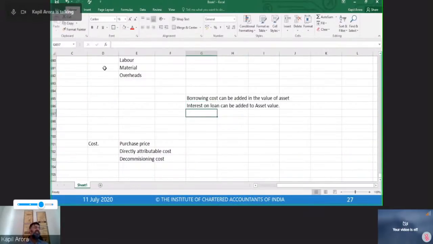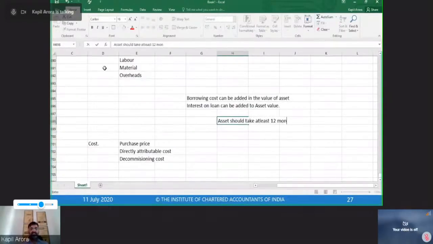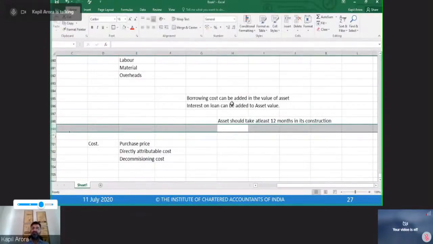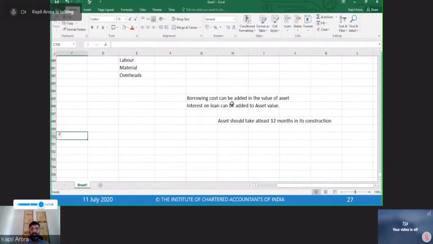It can only be added if one criteria is met: the asset should take at least 12 months in its construction. For example, I am buying a car, taken loan of 5 lakhs.